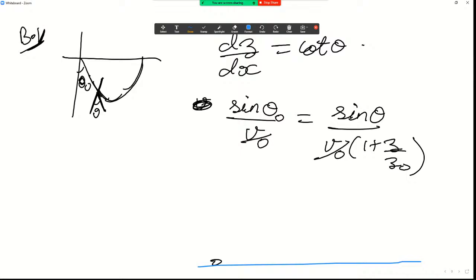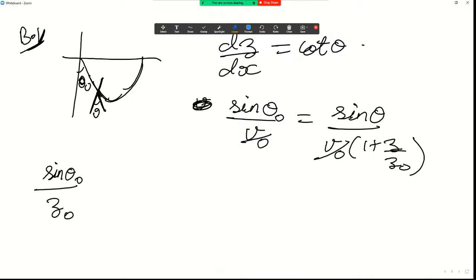So we have this expression and I differentiated it. I got sine theta naught by z naught into dz equals cos theta d theta. Is this right? Yeah, I got that.